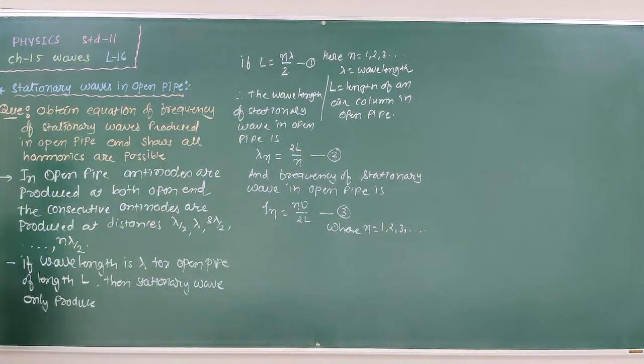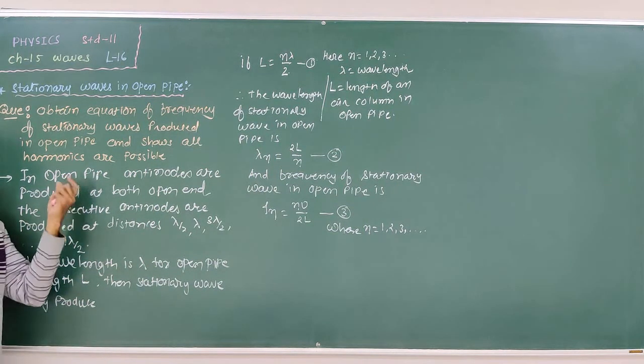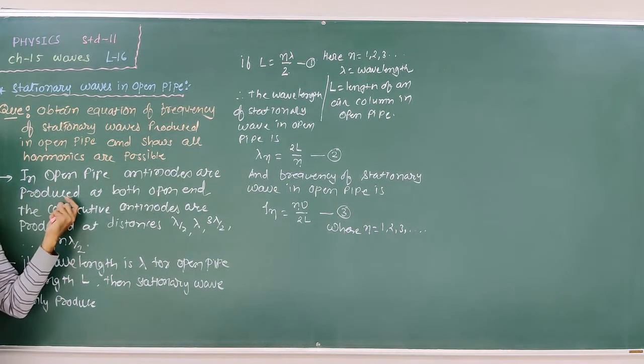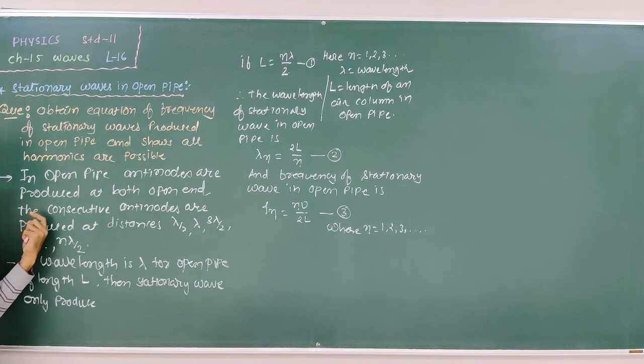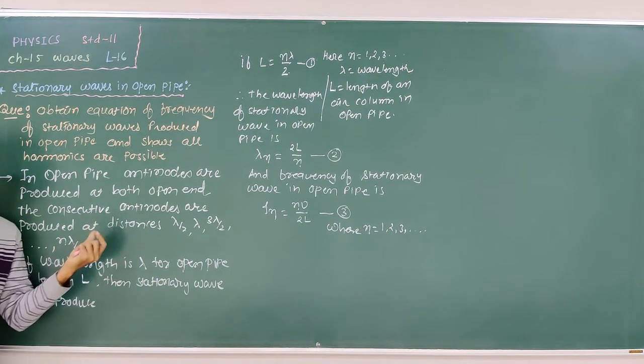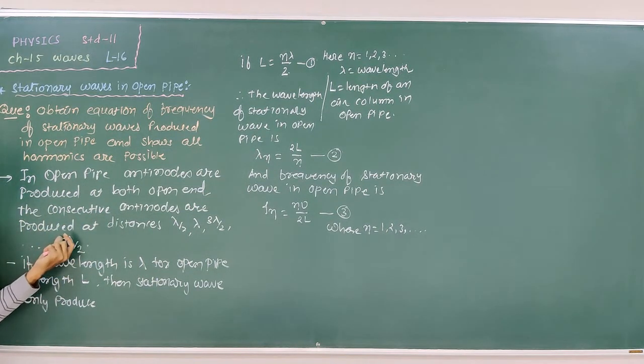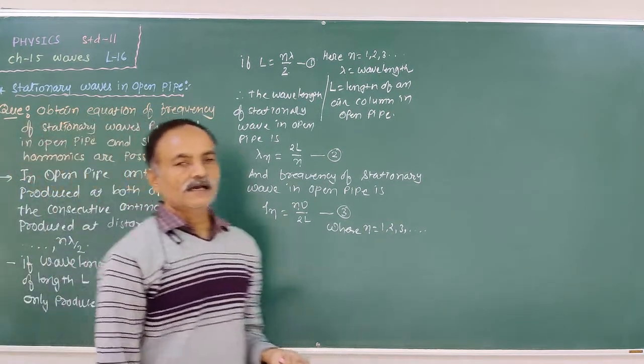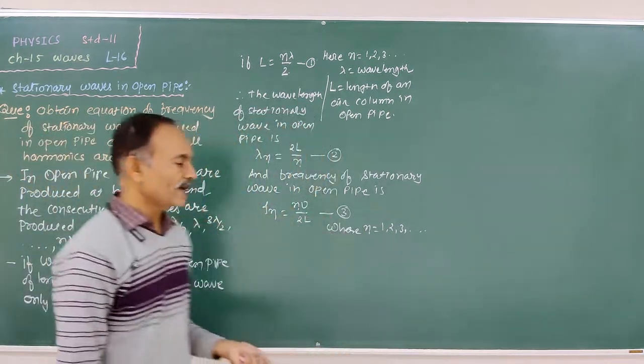Here again, in an open pipe, the antinodes are obtained at both open ends. Therefore, the consecutive antinodes are produced at distances lambda by 2, lambda, 3 lambda by 2, and the nth antinode at n lambda by 2.